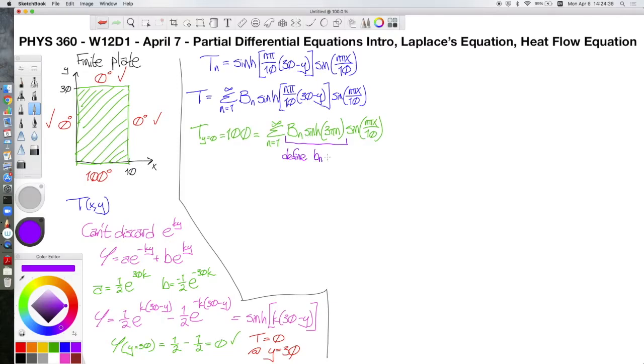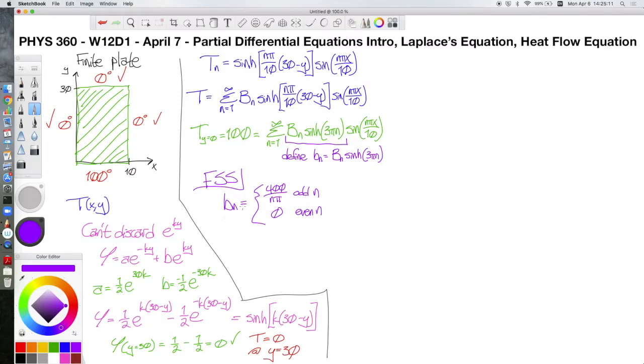We're going to define little bn equal to capital Bn times the sinh of 3 pi n. Which means that we can go through and solve for the Fourier series to find our values of little bn. And from our Fourier sine series, we get the same value of little bn as before. It's 400 over n pi for odd n, and it is 0 for even n.